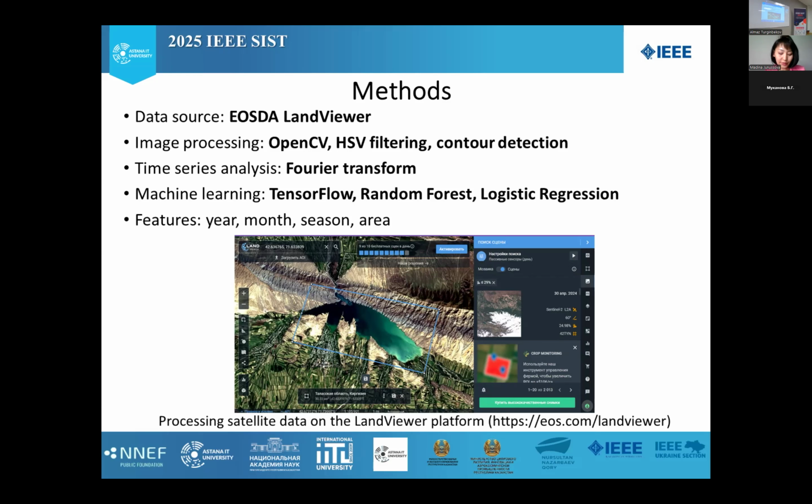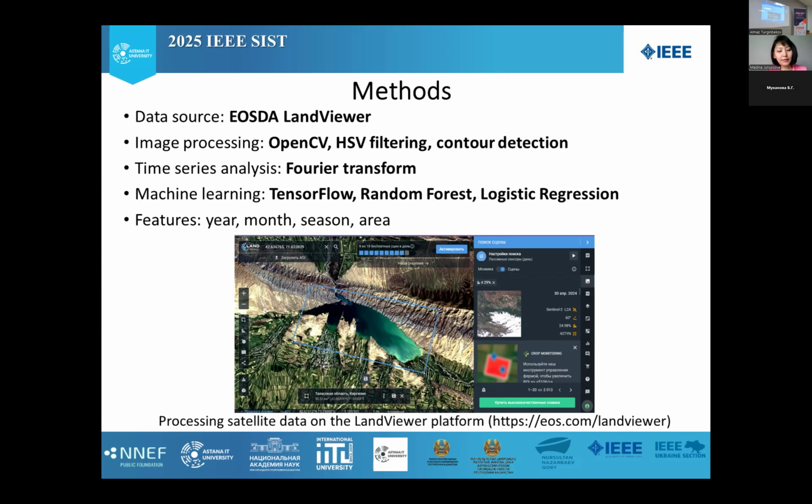Another method used in the study is time series analysis using Fourier transform algorithms. This approach helps identify key trends and cyclic change in the data, which is important for long-term monitoring and forecasting.